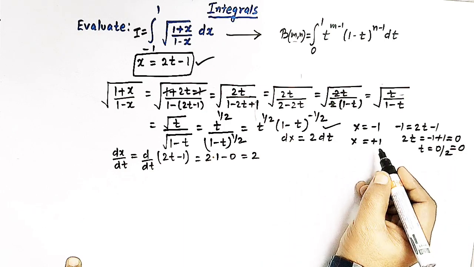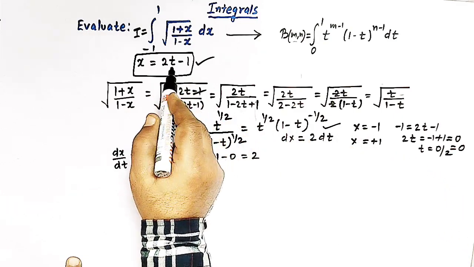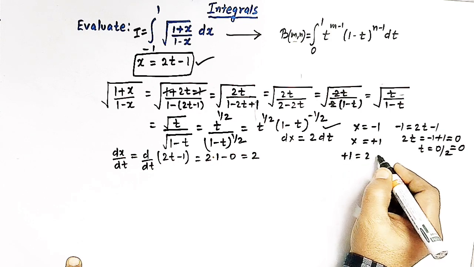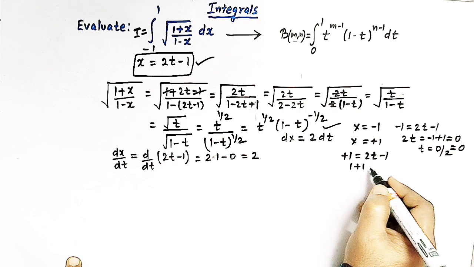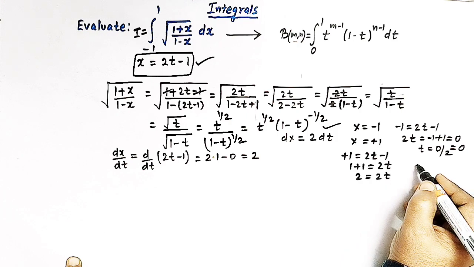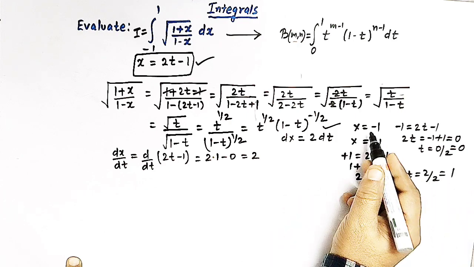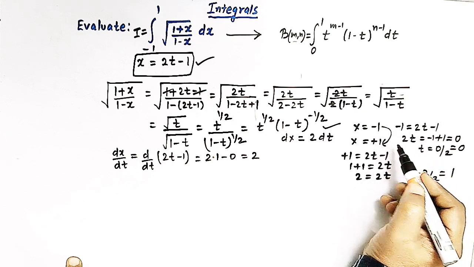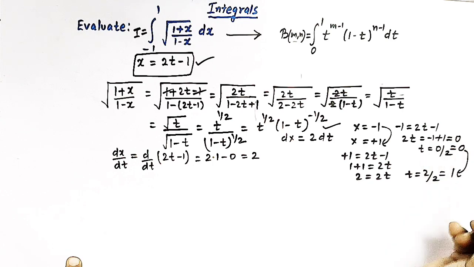And when x is +1, then the value of t can again be calculated from this expression. So we have +1 is equal to 2t minus 1, and taking -1 to this side, we have 1 plus 1 is equal to 2t. This is 2 is equal to 2t, and t is equal to 2 over 2, that is 1. So when x changes from -1 to +1, then t varies from 0 to 1.